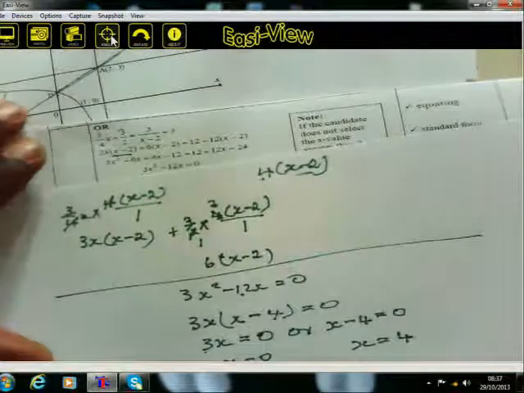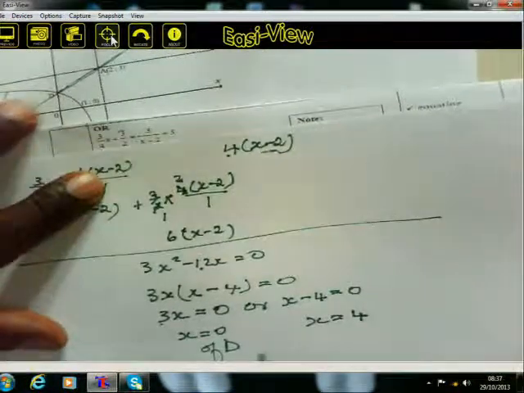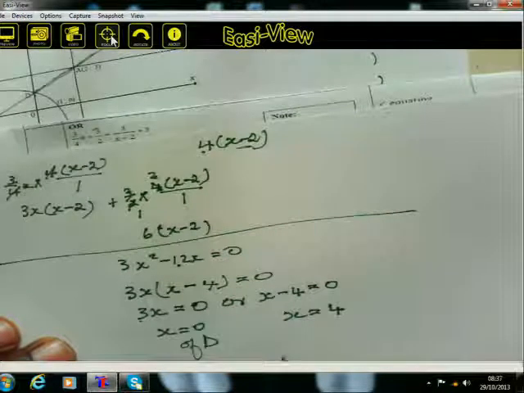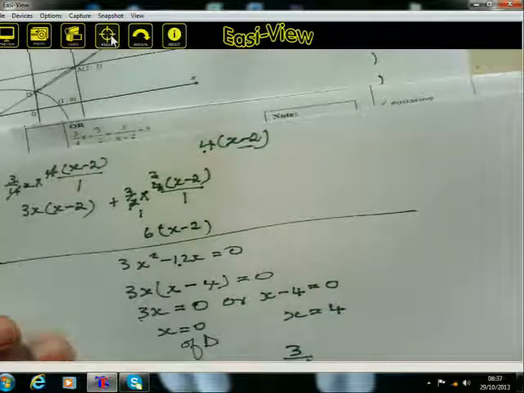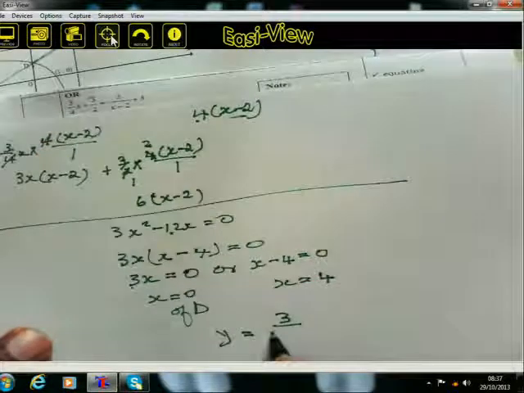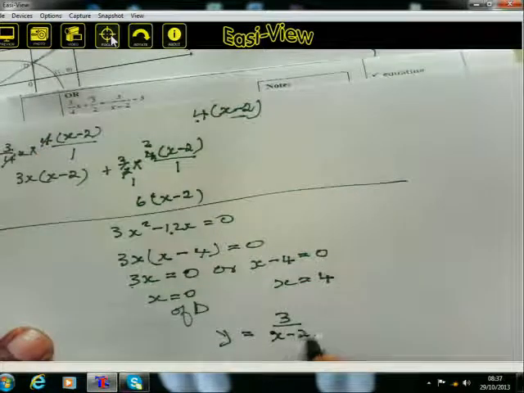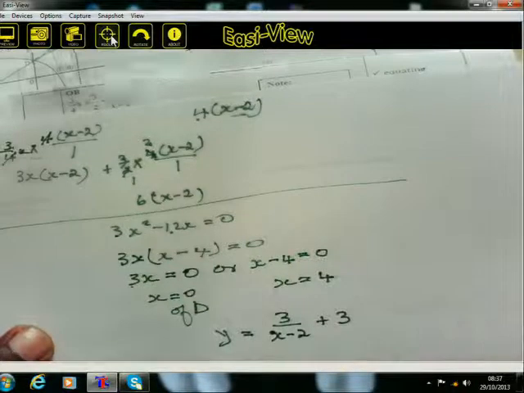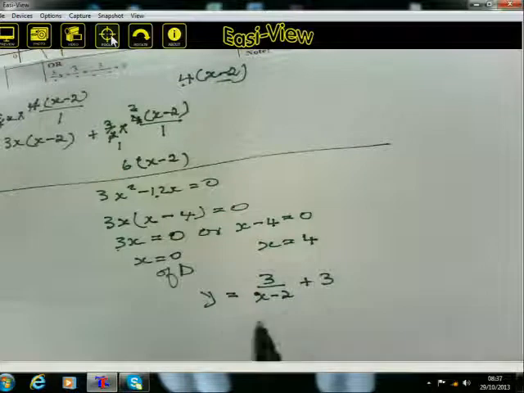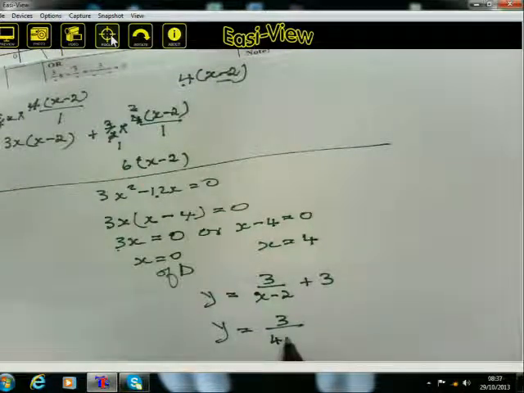How do we get the y coordinate? We can use any of the equations and substitute the x value. In this case, I'm going to take the equation of the hyperbola, y equals 3 over x minus 2 plus 3. Then I substitute x by 4. y equals 3 over 4 minus 2 plus 3.